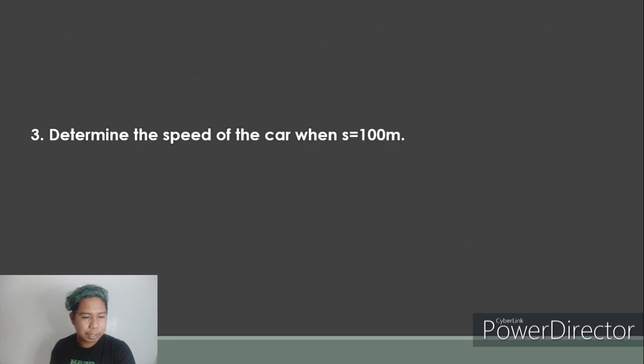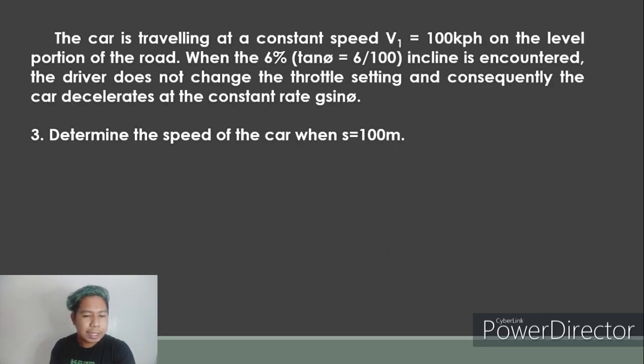So for question number 3, determine the speed of the car when S is equals to 100 meters. Ayan, simula daw nung umakyat siya doon pabundok, ilan daw ang speed ng car nung nakarating na siya doon sa 100 meters. Nung 100 meters na yung layo niya mula doon sa simula ng paakyat.